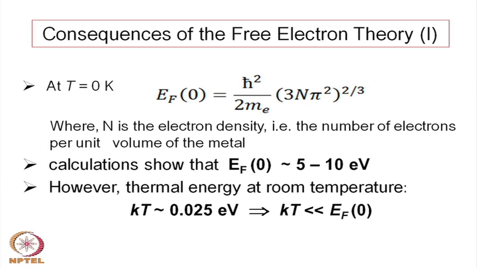And calculations show that EF at 0, that means at temperature 0, is about 5 to 10 electron volt. However, thermal energy at room temperature is much less. Okay. kT is about 0.025 eV. So, kT is much less than the Fermi energy at 0 degree Kelvin.